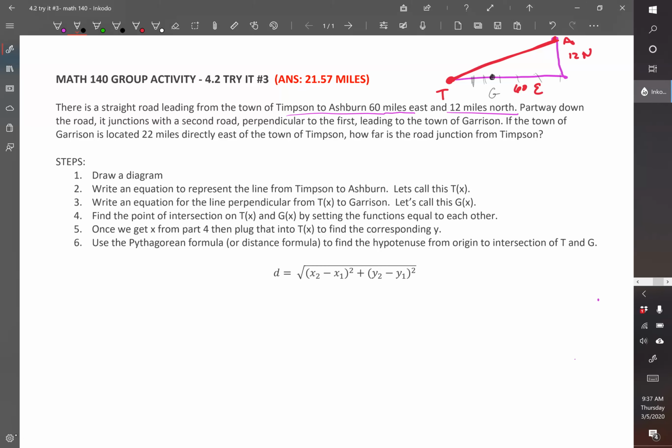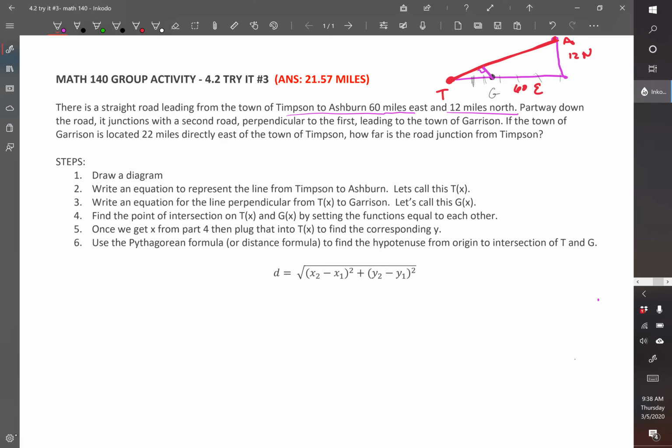So actually I want to get rid of that black line. So that's going to be right here, going out like that. So we have a perpendicular line going acrossways. What we want to find now is how far the road junction is from Timpson.